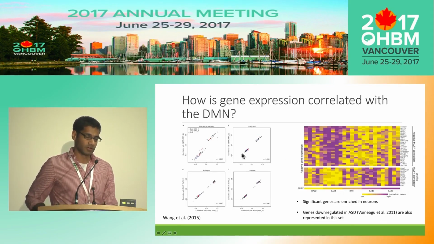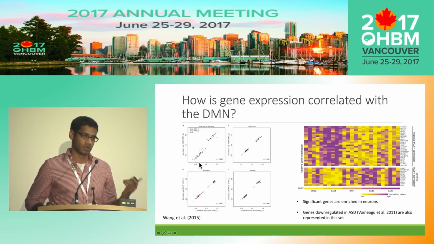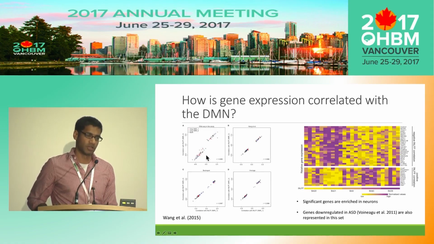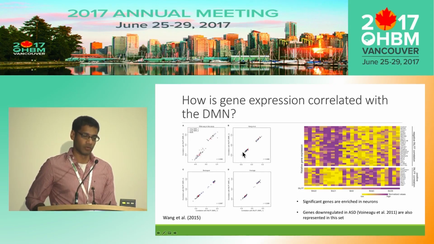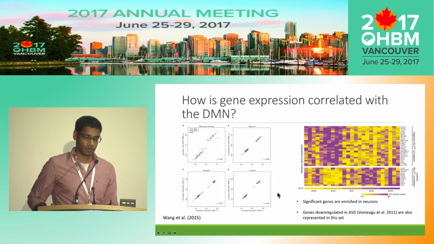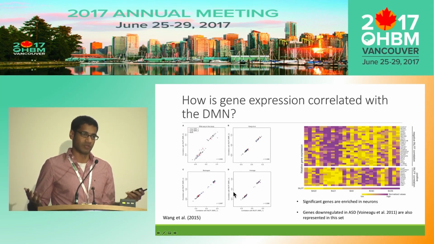On the left, it's a little hard to read, but this just shows that when you use 2 different fMRI data sets, one is from the 1,000 Connectomes project, the other is from the New York study, you can actually get very reproducible results based on both which gene expression data set you use, but also which fMRI data set you're using. So on the X and the Y-axis are just the 2 different fMRI data sets.